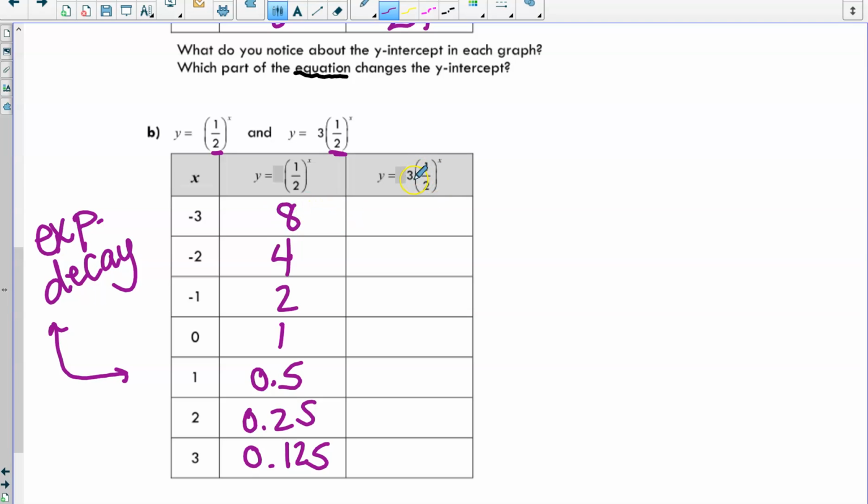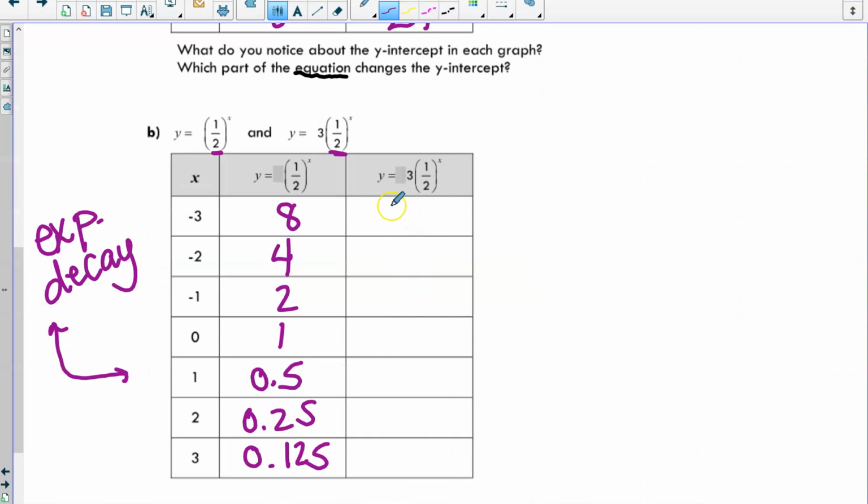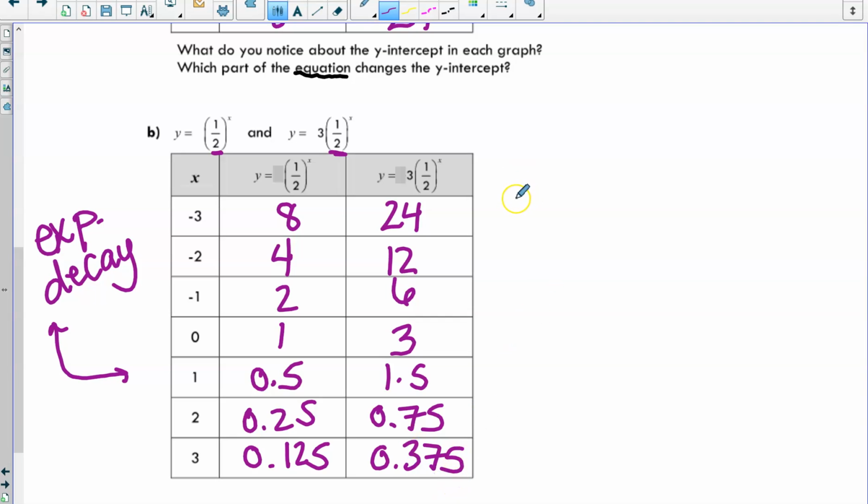Okay, the 3 out front again just means that we're going to take all of these values and multiply them by 3, or we can refer back to the table here where it has the numbers for us. Okay, so here we've got 24, 12, 6, 3, 1.5, 0.75, and 0.375.